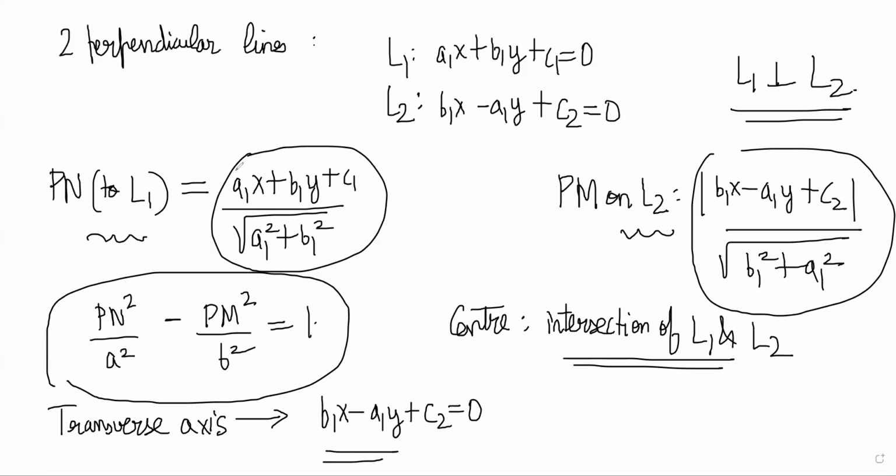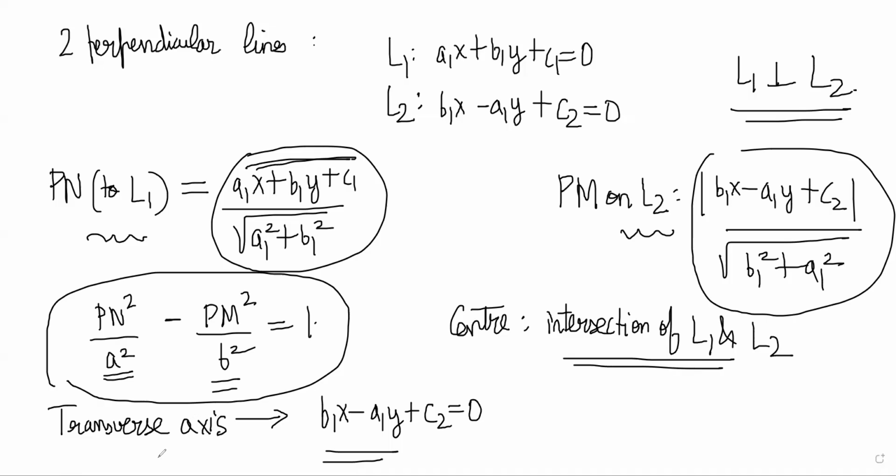Similarly, the conjugate axis would be line L1, which is a1x plus b1y plus c1 is equal to 0. The lengths of the transverse and conjugate axis will be 2a and 2b. The eccentricity will be the same as before. Now, the foci would be at the intersection point of the transverse axis and the line.